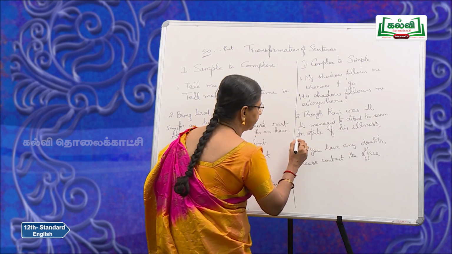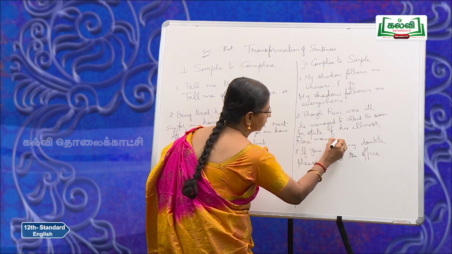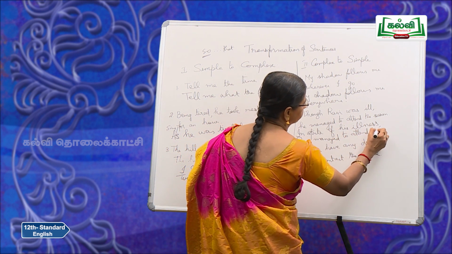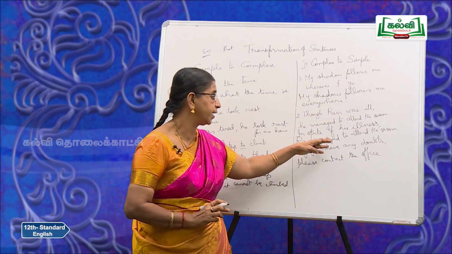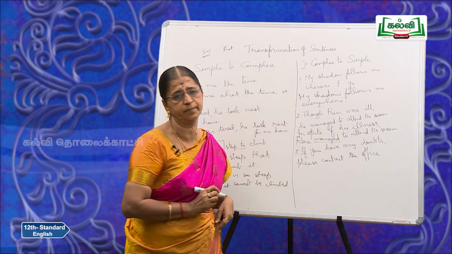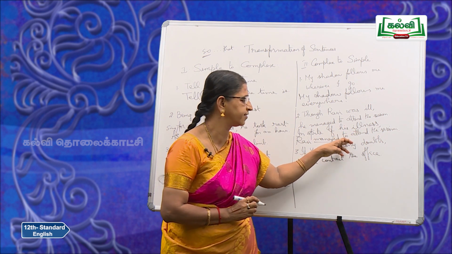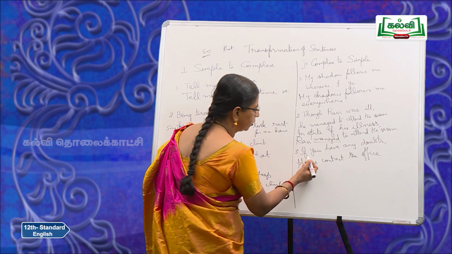In spite of his illness, Ravi managed to attend the session. So, illness is a noun, to attend is your non-finite verb and managed is your only finite verb. Understood? Managed is your only finite verb. To plus verb makes it a non-finite verb, so to attend is a non-finite verb.